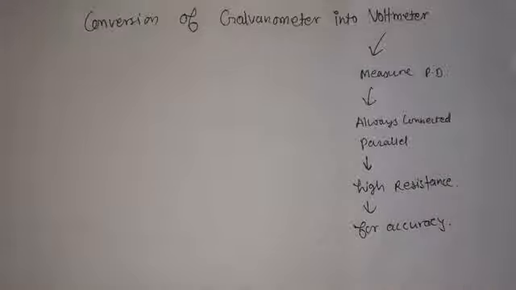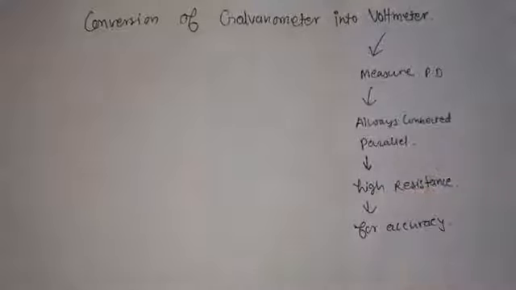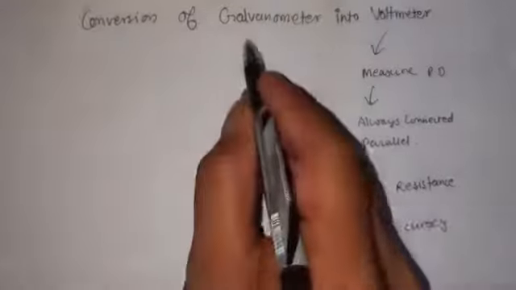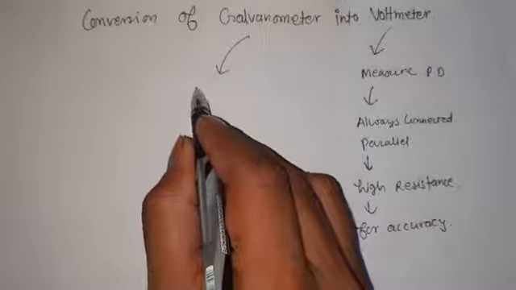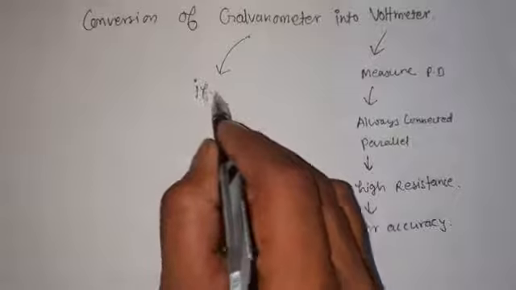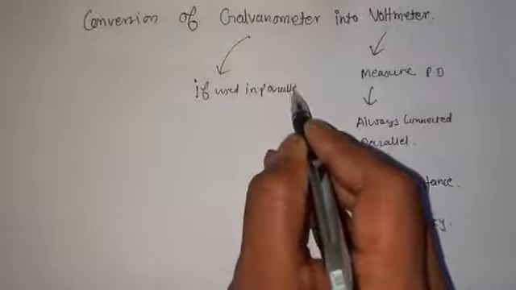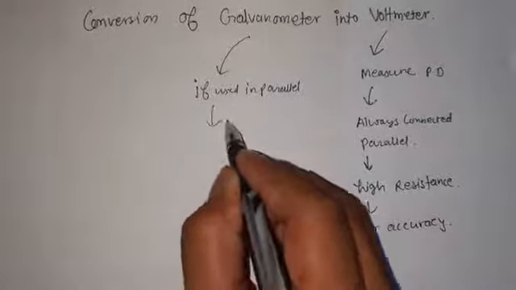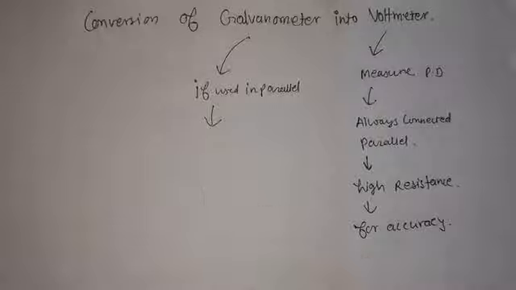Now we want to take the help of a galvanometer for the measurement of this potential difference. If the galvanometer is used in parallel, what will happen? It will pass current through it.